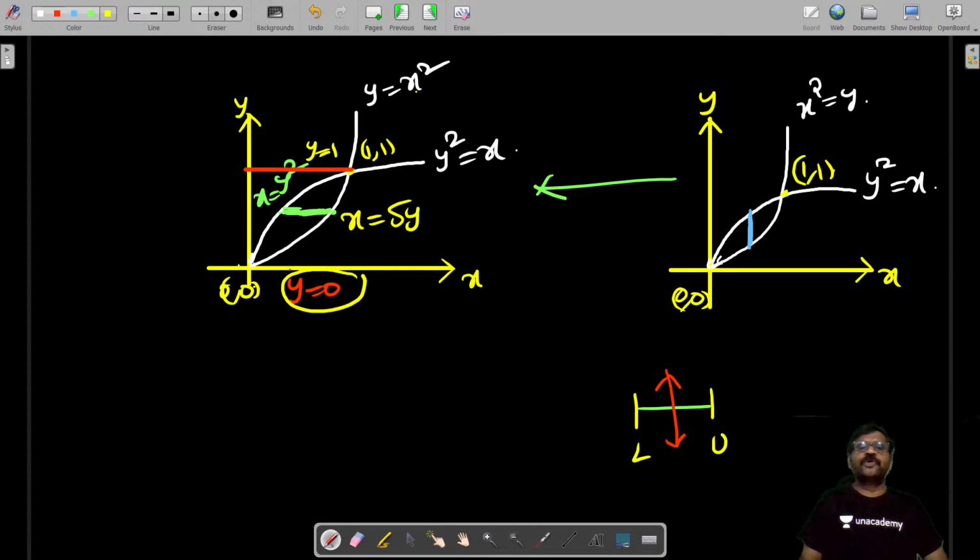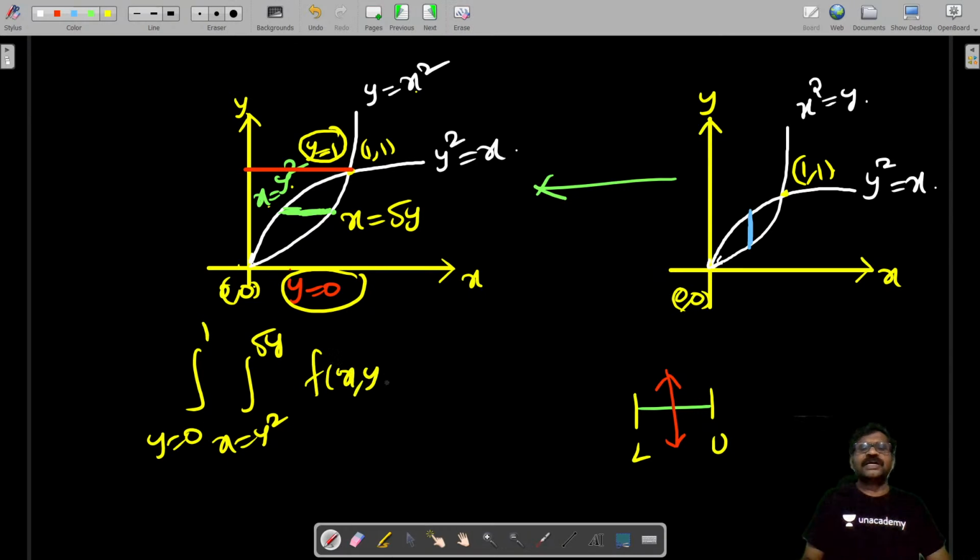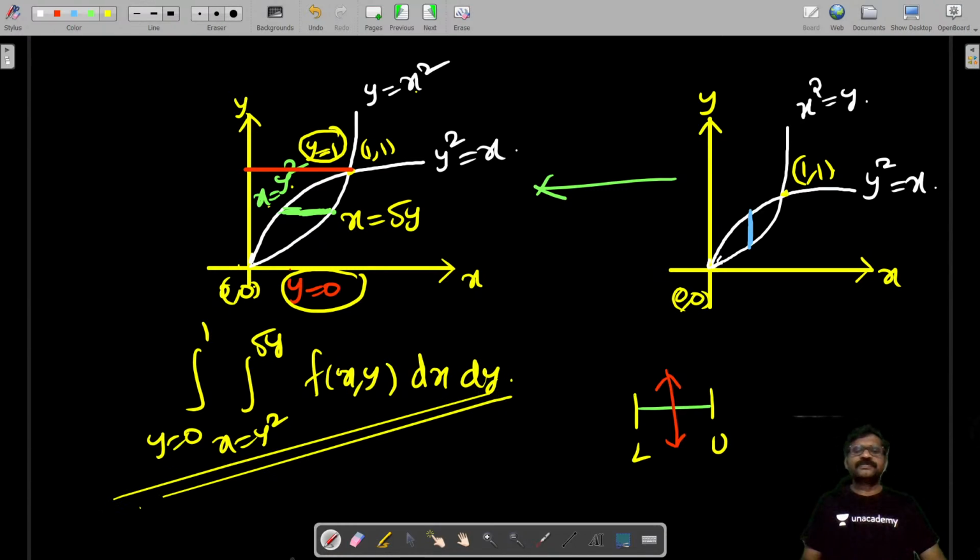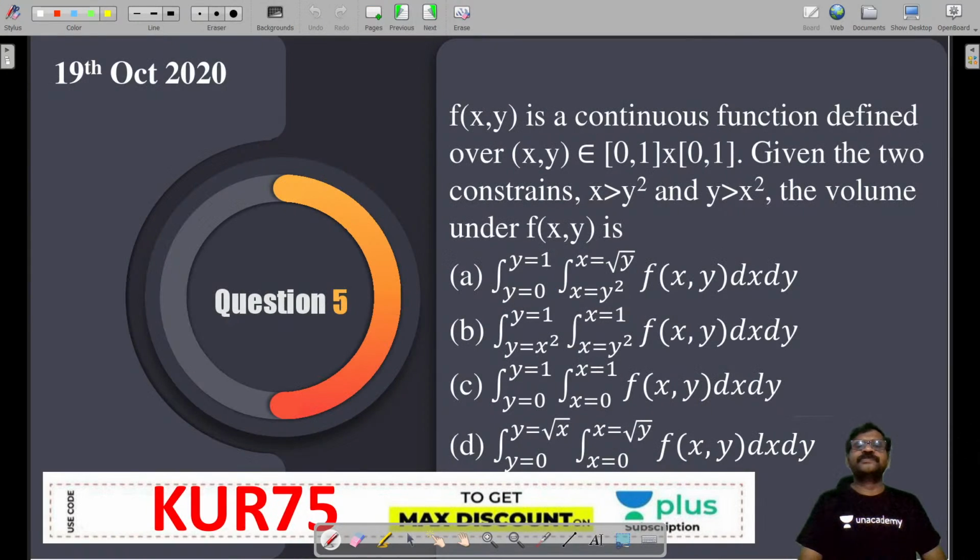Y equal to 0 is the lower limit, y equal to 1 is the upper limit; x equal to y square is the lower limit, x equal to root y is the upper limit. Function of x y dx dy. This is the answer: 0 to 1, y square to root y. First option.